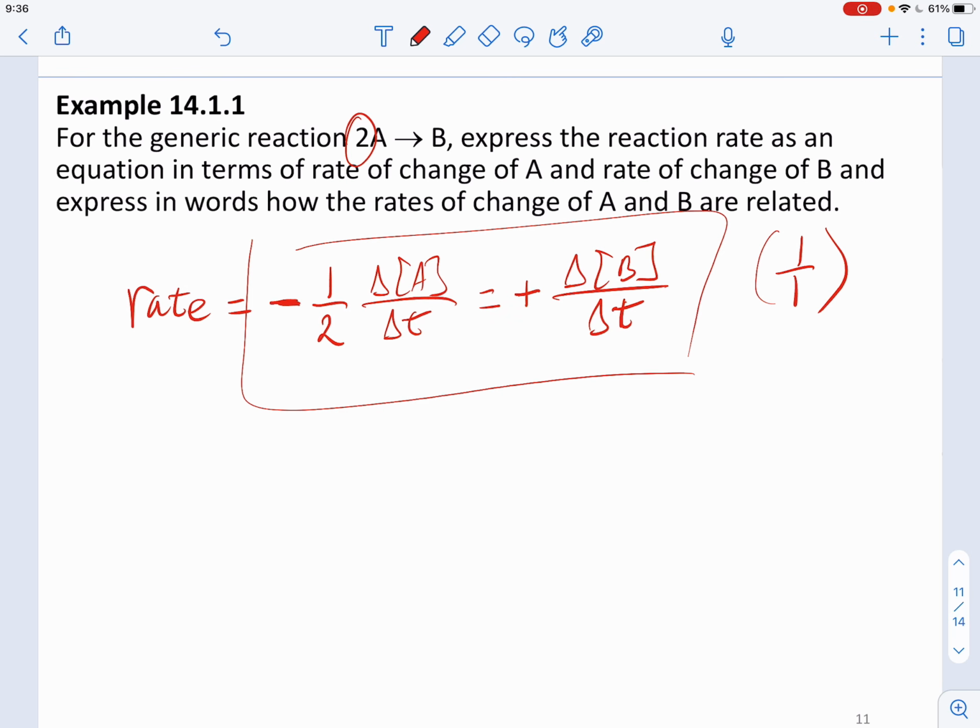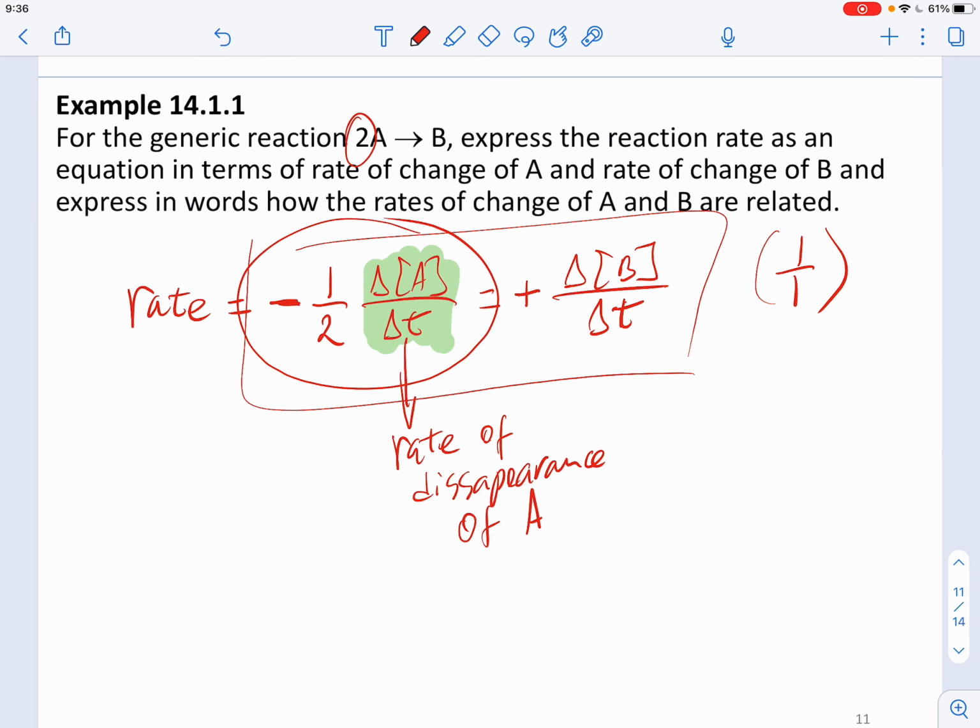Let's say that we are following B, and you want to know what is the rate of disappearance of A. Keep in mind this: the whole thing is the reaction rate, but just that term, delta A over delta T, is the rate of disappearance of A.